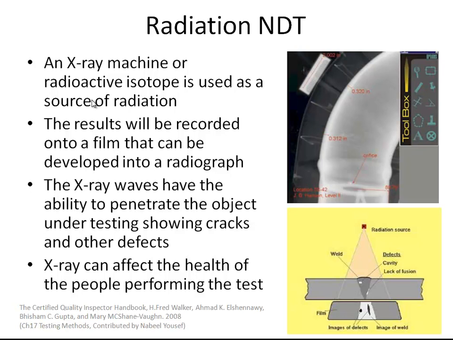The problem is that X-ray can affect the health of the people performing the test. Appropriate precautions and policies have to be followed in order to protect the users or the people performing that test. Also, the radioactive waste should be taken into consideration for environmental and biological reasons.